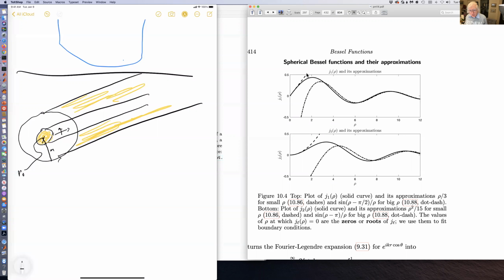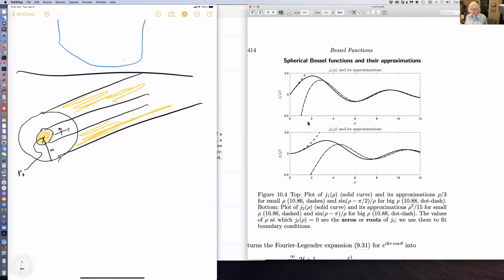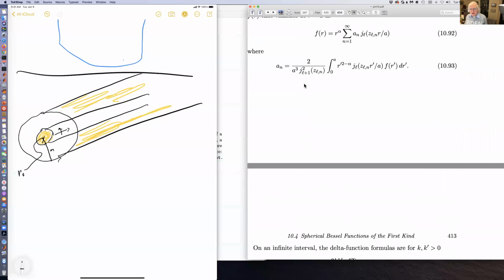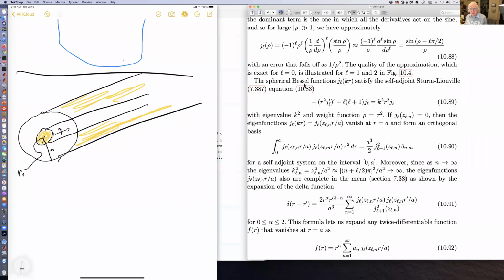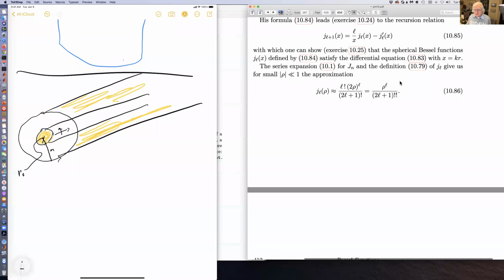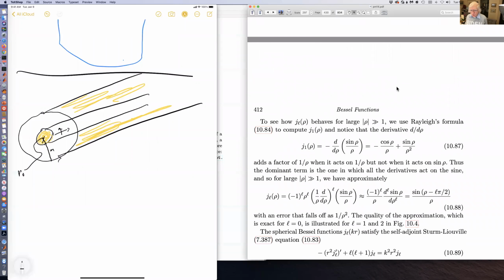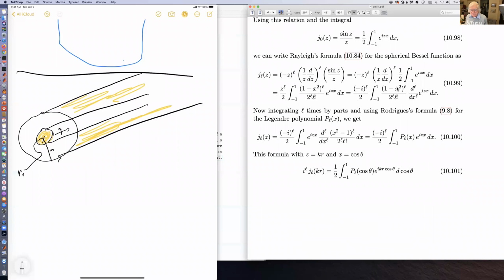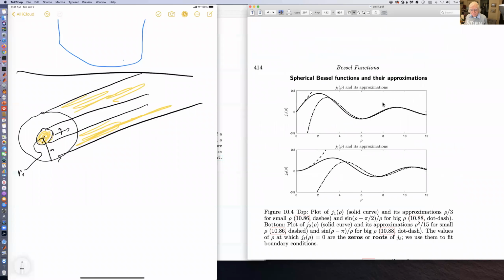There's the approximation for small rho. Let me just recall that for us. No, it's rho to the L, sorry. Rho to the L for small rho. And then for larger rho, it's sine of rho minus L pi over 2, over rho.